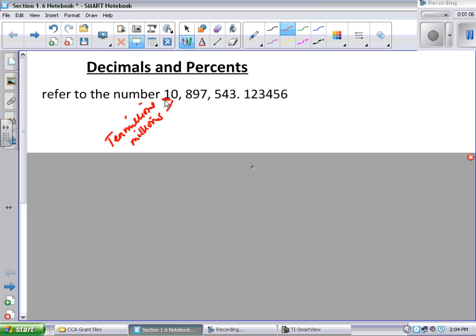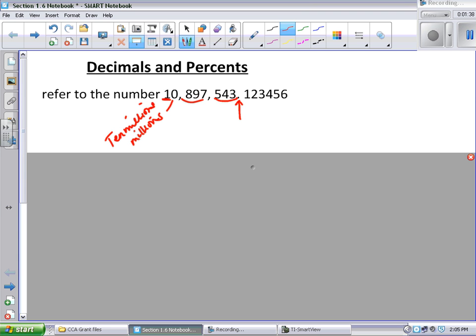In each group of 3 numbers, we separate these by commas. And in each group, you have hundreds, tens, and then the actual units. So if we look, we have 10 millions and millions because we only had 2 numbers there. If we had had another number to the left, we would have had 100 millions, 10 millions, millions. We have 100,000s, 10,000s, thousands, and then we have hundreds, tens, and ones.